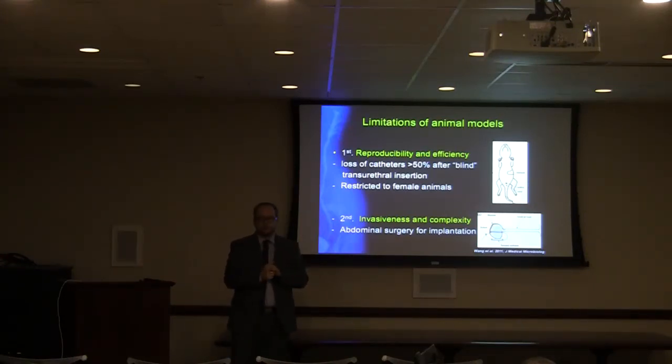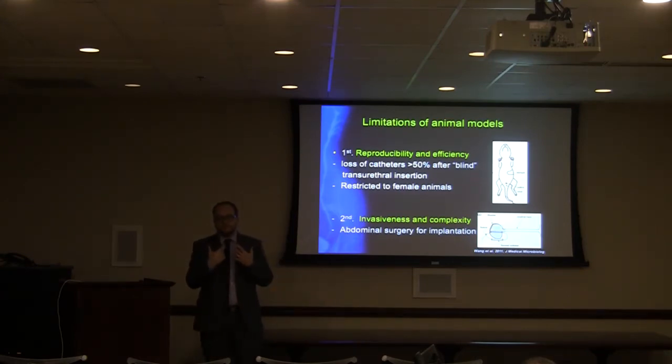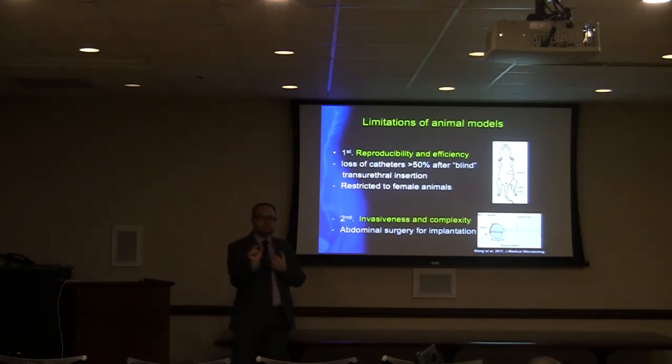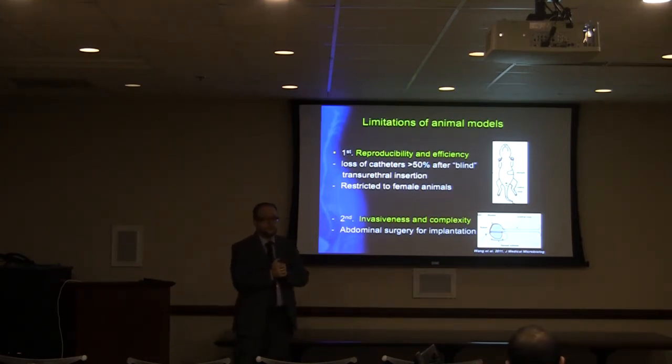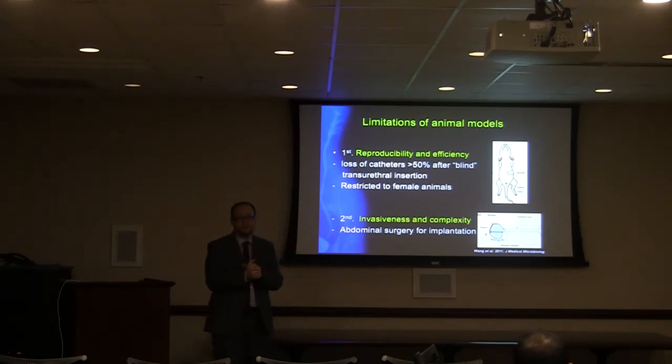But the problem was that that catheter piece, in the majority of animals, was never inserted all the way. So part of it stuck in the urethra, so when the animal went to urinate, it just peed it back out. So you had a loss of material in more than 50% of the animals. So that's not very cost effective. Of course, it's not very good because you have to use more animals to study these things.